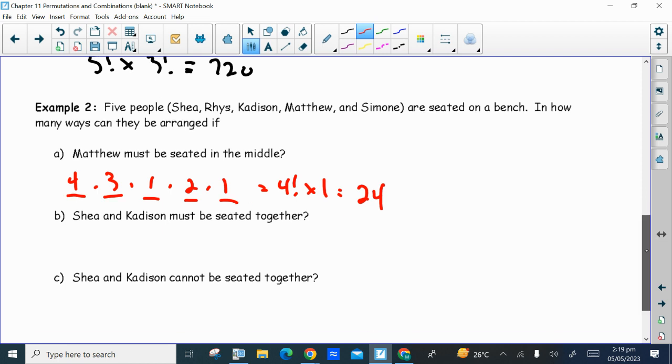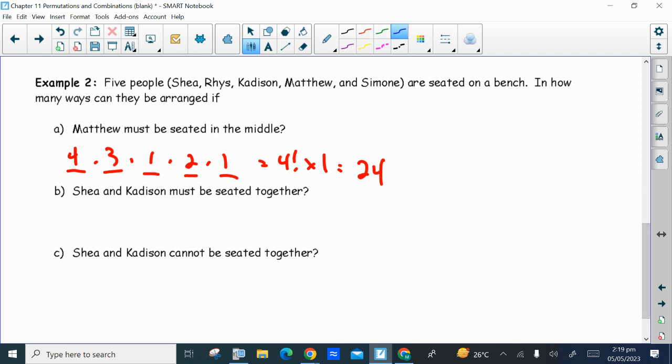Now, what if Shay and Caddison must be seated together? So again, like the situation we had above with those letters, those vowels that must be together, Shay and Caddison will count as one object to be arranged. They have to stay together. So they count as one object to be arranged, plus the 3 remaining people gives us a total of 4 objects to arrange.